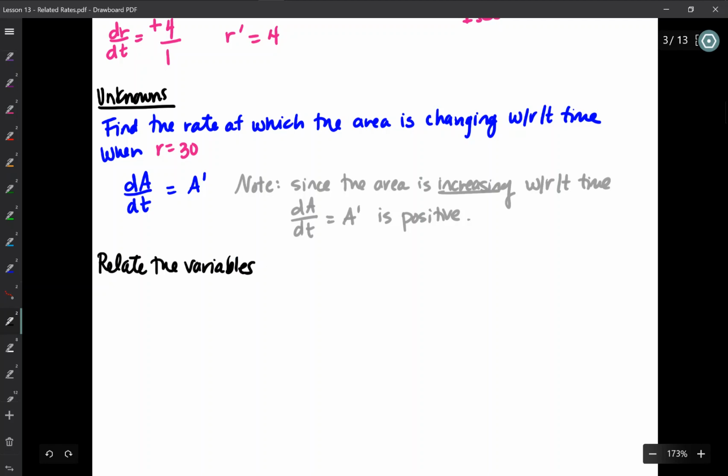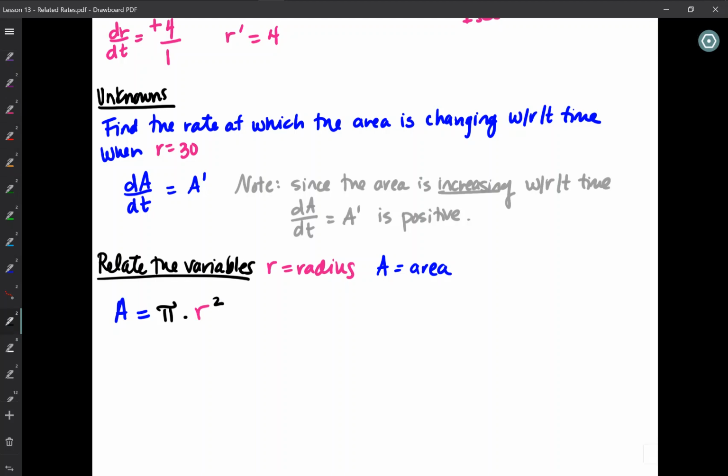And in this case, what are the variables? R being the radius and A being the area of our oil spill. We know that the area is equal to pi times my radius squared.